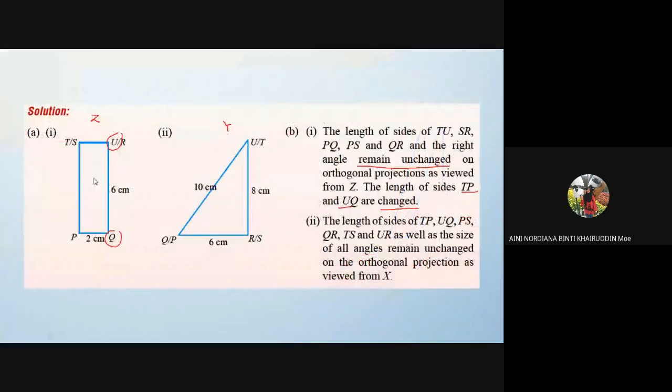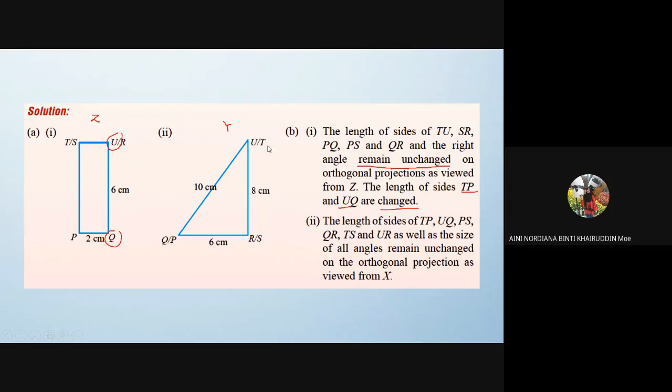Itu maksud soalan tadi. So the length of side TU, SR, PQ, PS and QR remain unchanged, but length of TP and UQ change because the original length of TP and UQ just now is 10 cm. Now it becomes 6 cm.